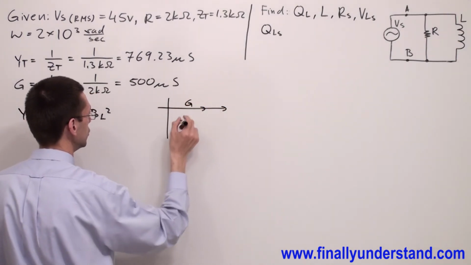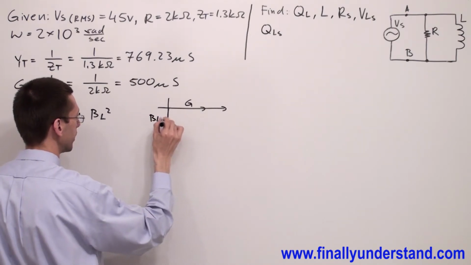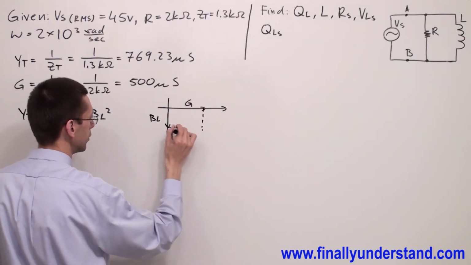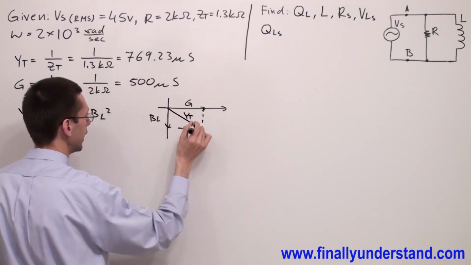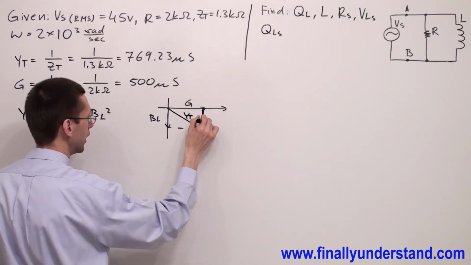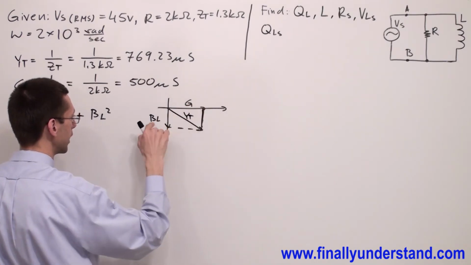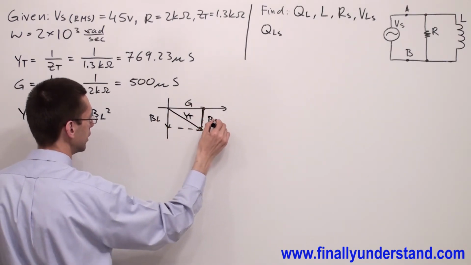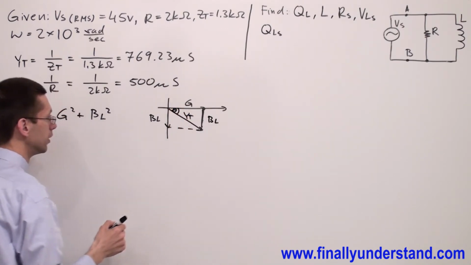For example, this is G, this is your inductive susceptance BL, and we have total admittance YT. Please notice that the opposite side of my triangle has exactly the same length like BL. So this is my BL, okay, and this is my angle theta.